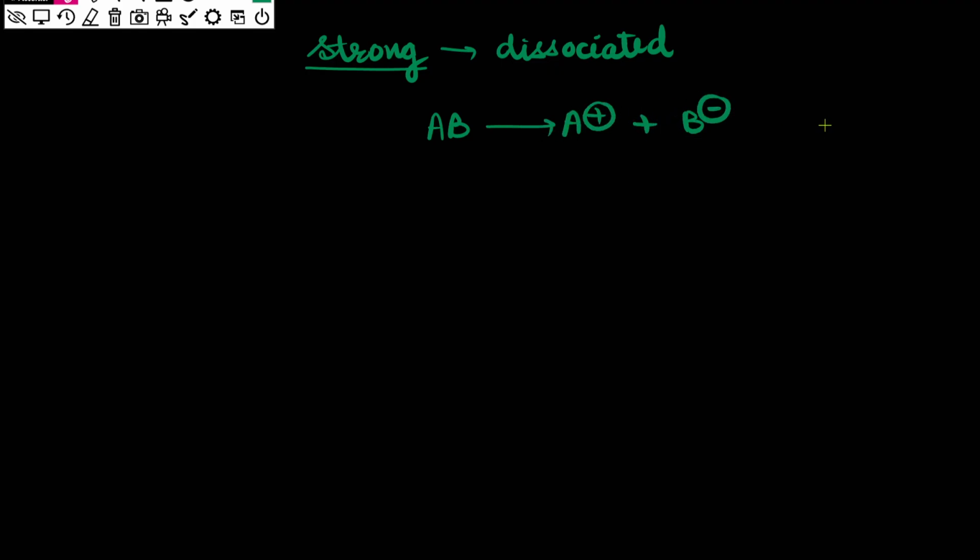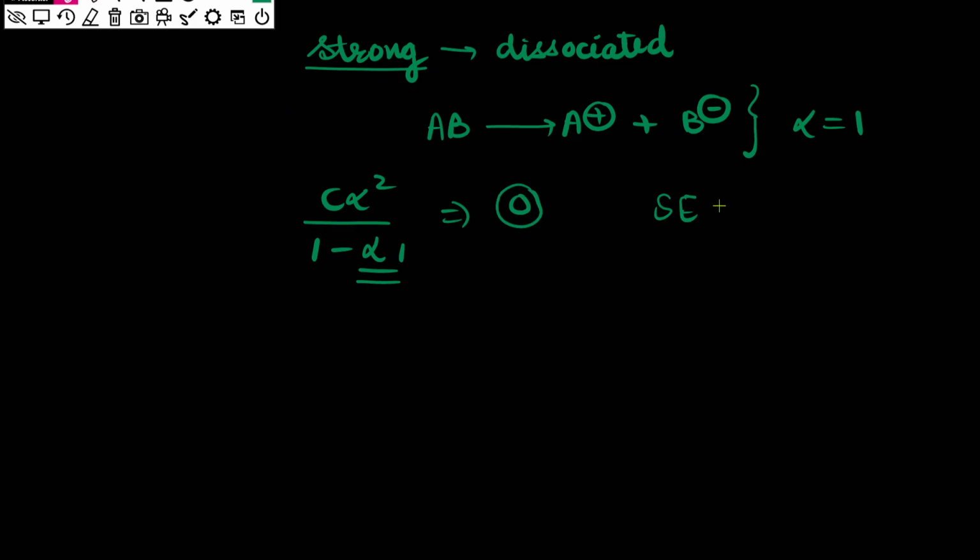So their degree of dissociation is 1, because they are completely dissociated. So even if we try to apply this formula C alpha square upon 1 minus alpha, this is 1, so it comes out to be 0. So what I mean to say is that for these strong electrolytes, the concept of Ostwald dilution law and the concept of Arrhenius theory will not be applicable, because here the degree of dissociation comes out to be 1.